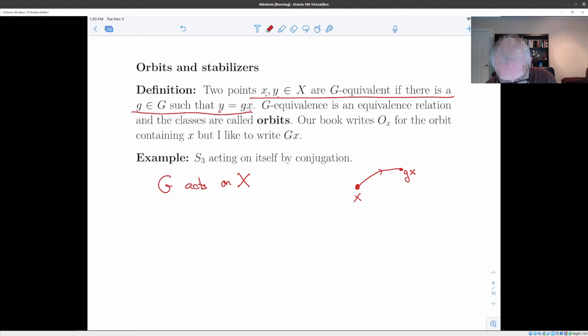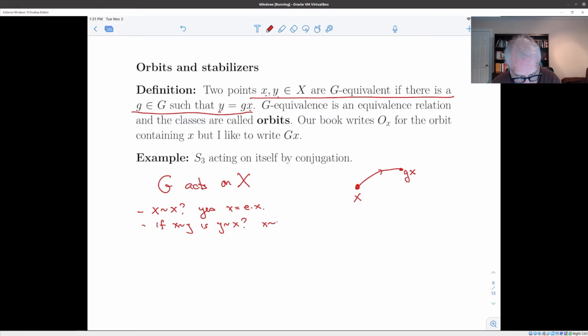And let's just check that really quickly. So first of all, is X equivalent to X? Yes, because X is the identity times X. So you can always get from X to itself by applying the identity. If X is equivalent to Y, is Y equivalent to X? Well, that might not look obvious, because it's not symmetric, right?